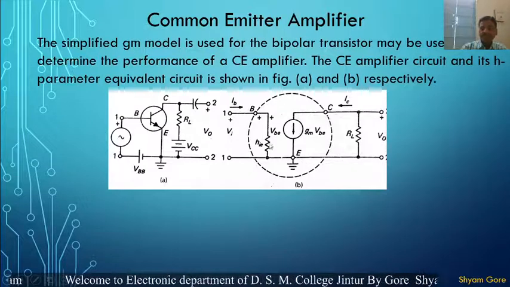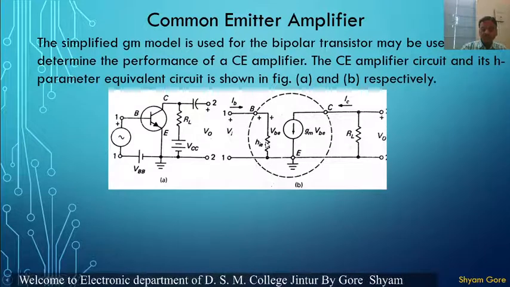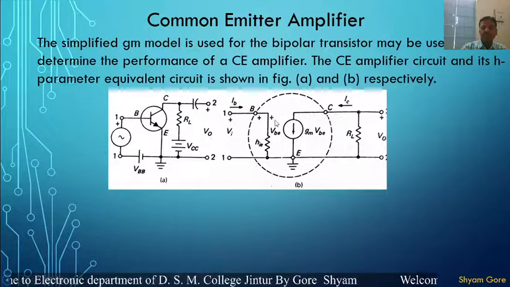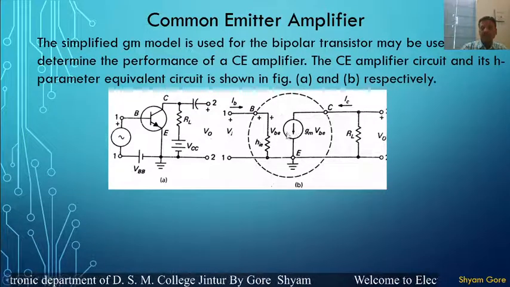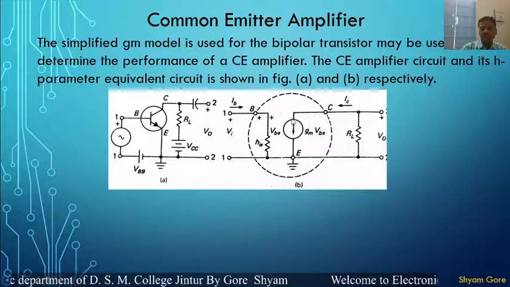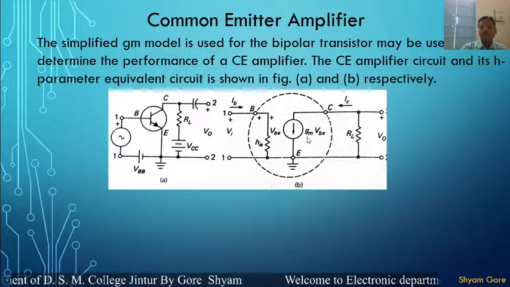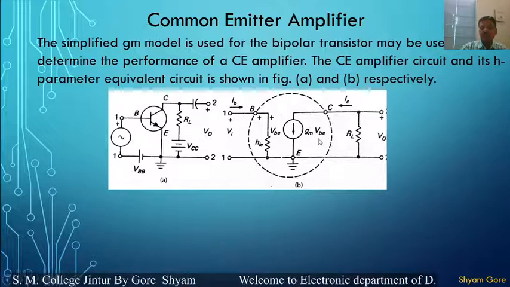The input impedance is HIE, and the voltage between base and emitter is VBE, and this is the current source. The transistor works as a current source, having the value GM into VBE.